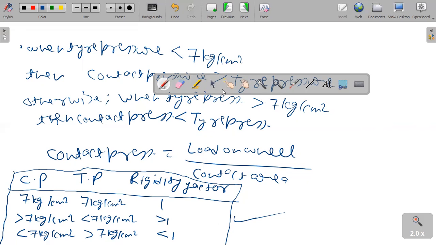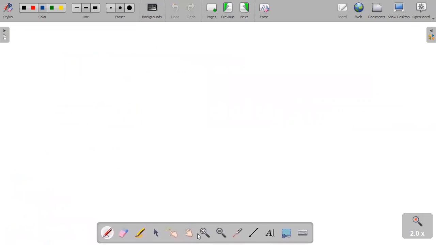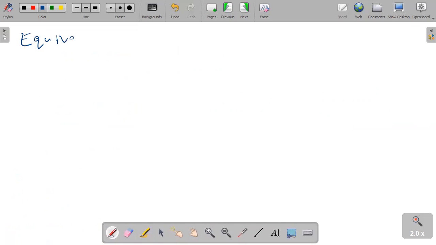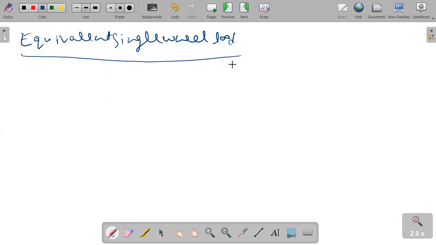Let's move forward to our next topic, which is equivalent single wheel load. We also denote it as ESWL.